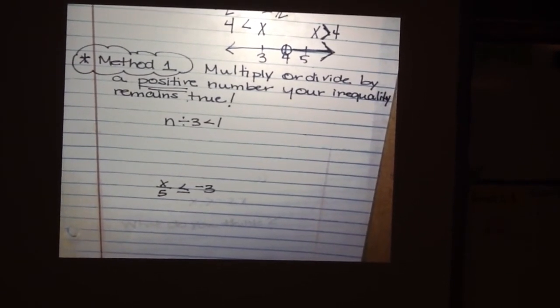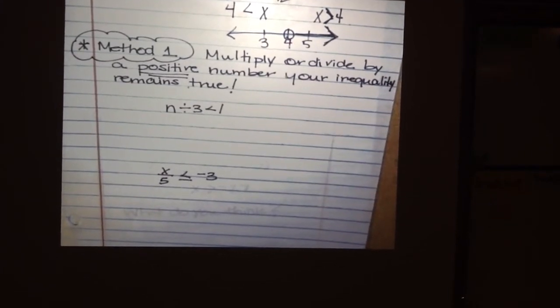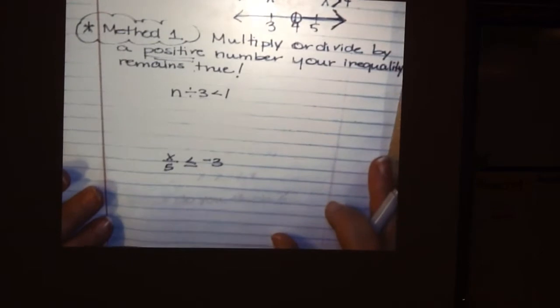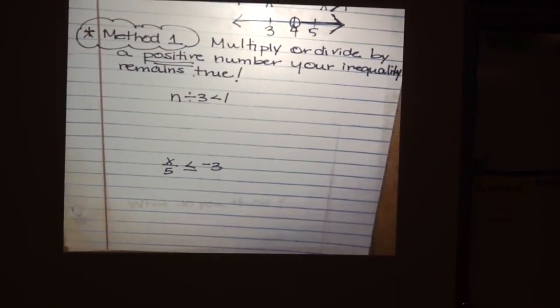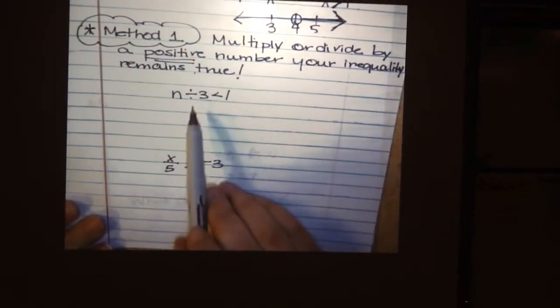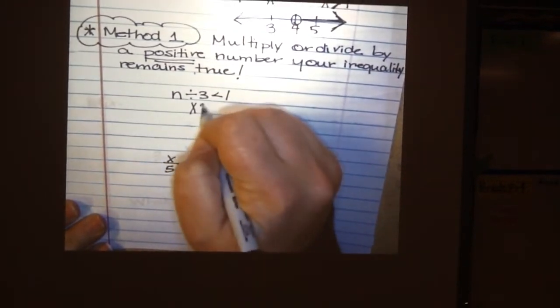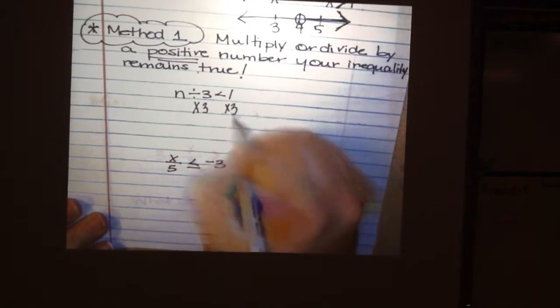So, like it says, multiplying or dividing by a positive number in your inequality, so that sign in between is going to stay the same. So our very first question there, we have n divided by 3 is less than 1. So nothing different. If this was an equation, we would take the division and change it to multiplication, which is exactly what we do with inequality. So we are multiplying by 3.